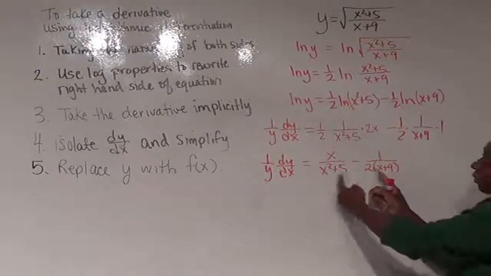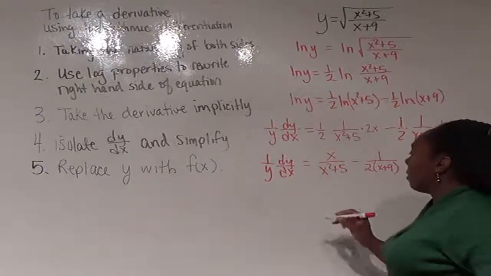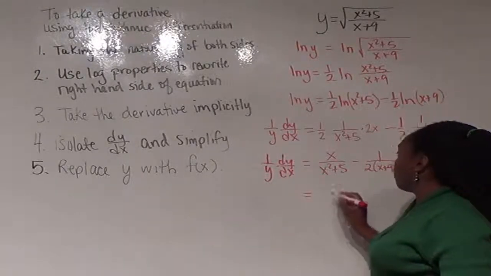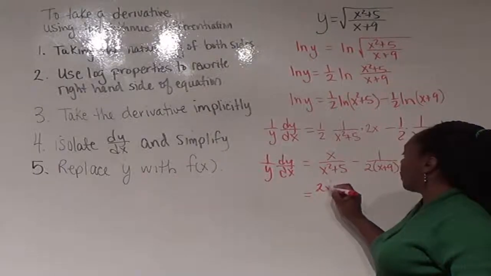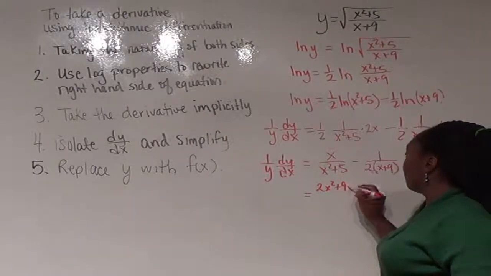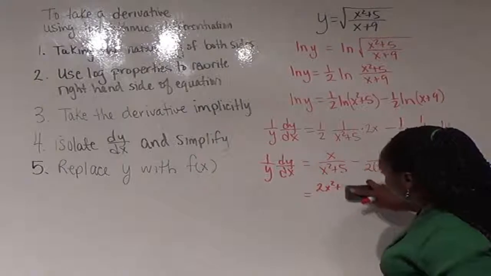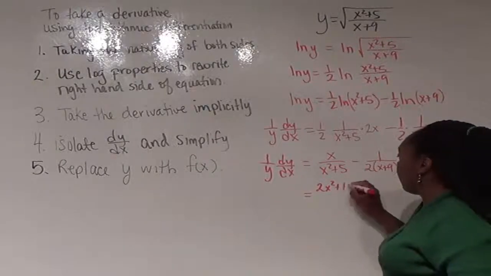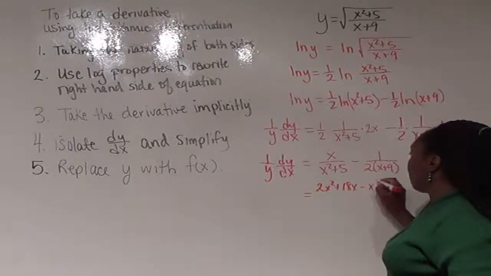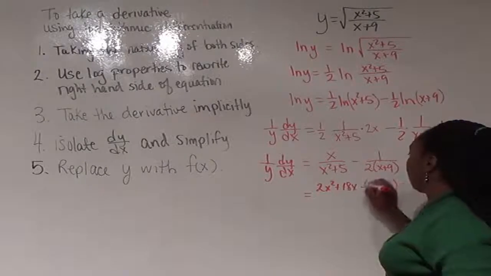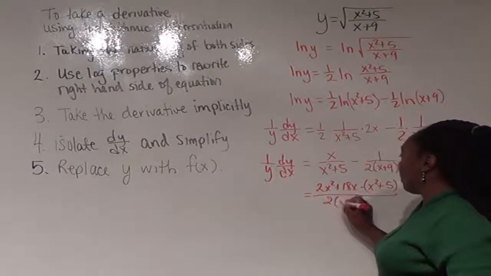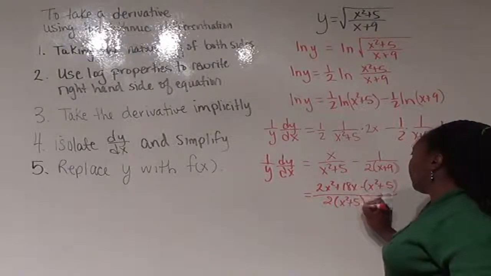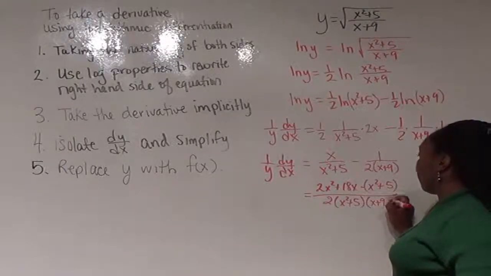I can go ahead and combine, so get a common denominator, which is just going to give us 2x squared plus 9x, 18x, minus x squared plus 5, all over 2 times x squared plus 5 times x plus 9.